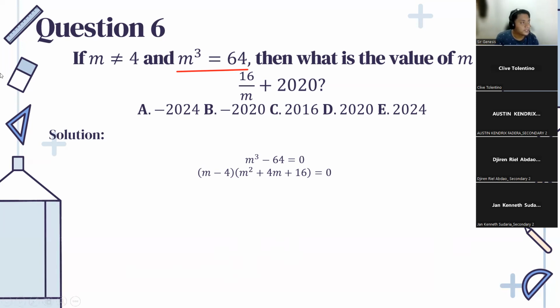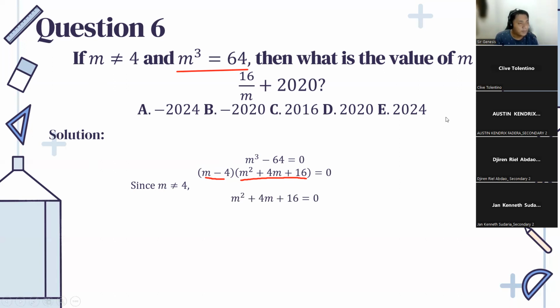Now, using zero product property of real numbers, it can either be m minus 4 is equal to 0 or m squared plus 4m plus 16 is equal to 0, or both of them equal to 0. However, m minus 4 is equal to 0 is not applicable since it already says in the problem m is not equal to 4. So we focus on m squared plus 4m plus 16 is equal to 0.